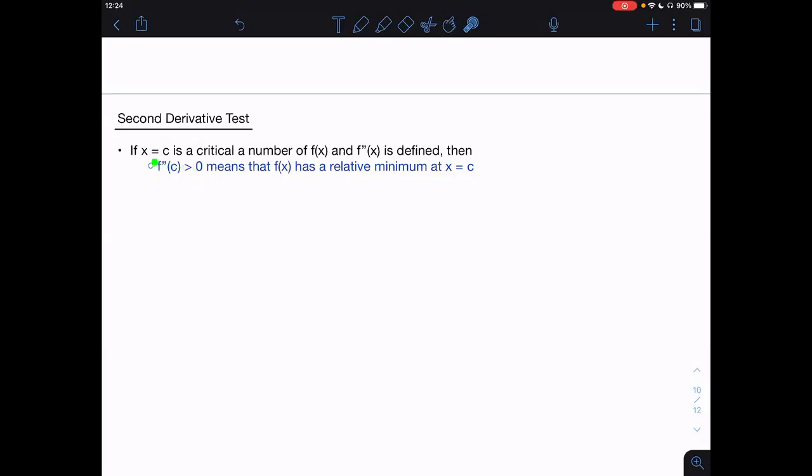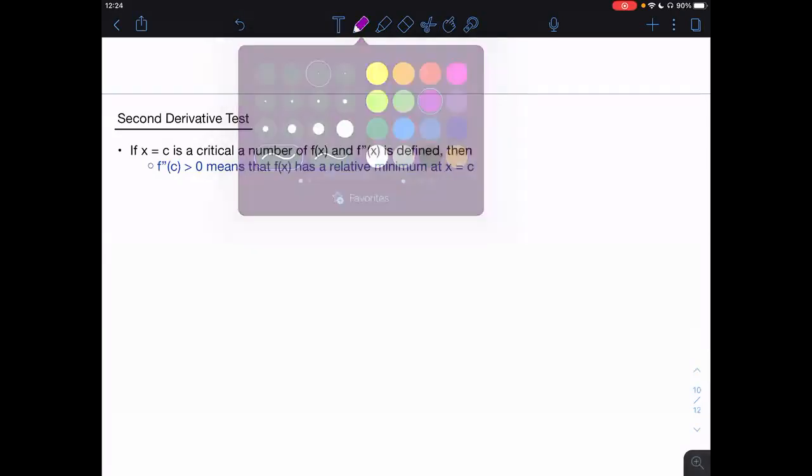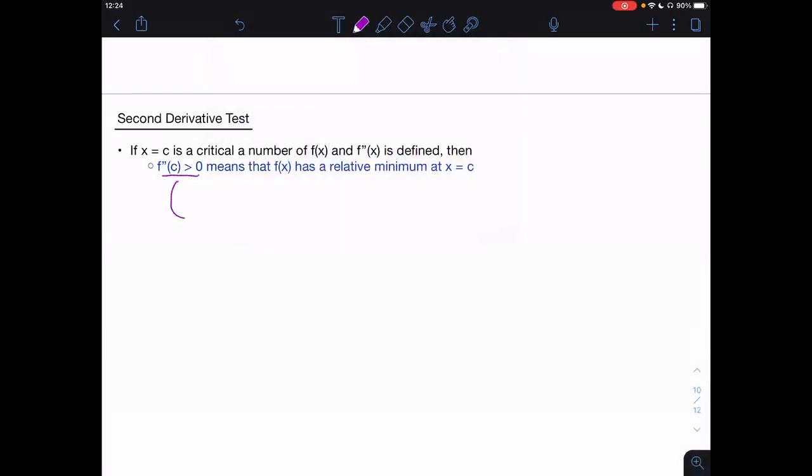If the second derivative is positive, that means our function is concave up, that we have an upwards parabolic type of shape.